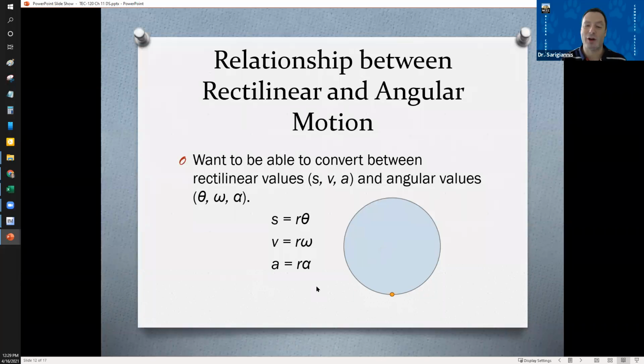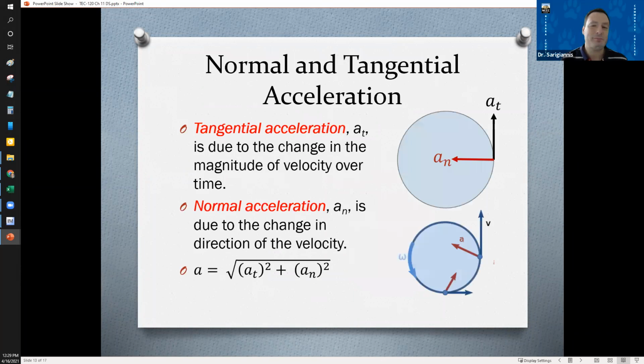And then the same thing goes for angular acceleration. Let's talk about acceleration. Acceleration has 2 components in angular coordinates. It's got what's called the tangential acceleration, labeled here a_t, and this is the change in the magnitude of the velocity over time.